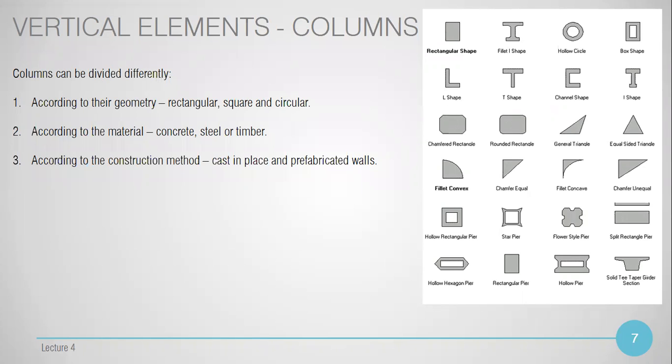In this type of building, we mostly use concrete ones. According to the constructional method, they can be cast in place, like in the previous one, or prefabricated. For large structures such as towers and large scale compounds, we use prefabricated columns, while for small buildings, most often cast in place are used.